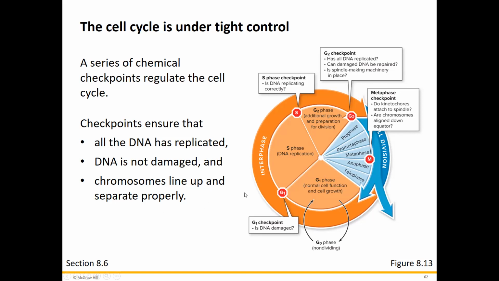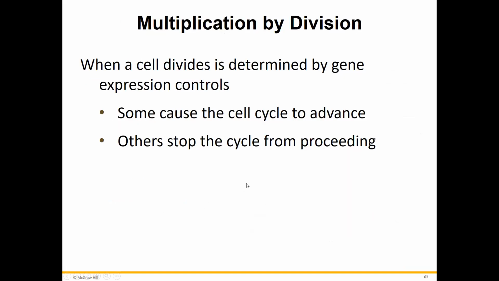able to separate properly. So with that in mind, we want to recognize the interaction of gene expression with yet another aspect of life, and that is our cell cycle.